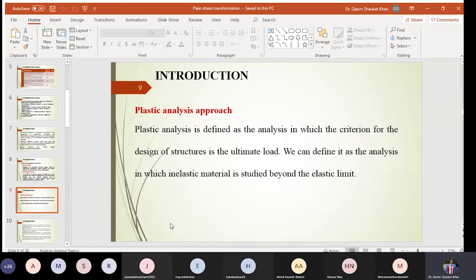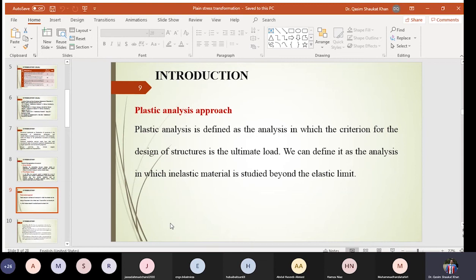Your structure will become more slim. And a good designer is the one who designs economical, more slim structures rather than bigger structures, because design is economy. So you can make your structures economic if you use this plastic analysis approach.